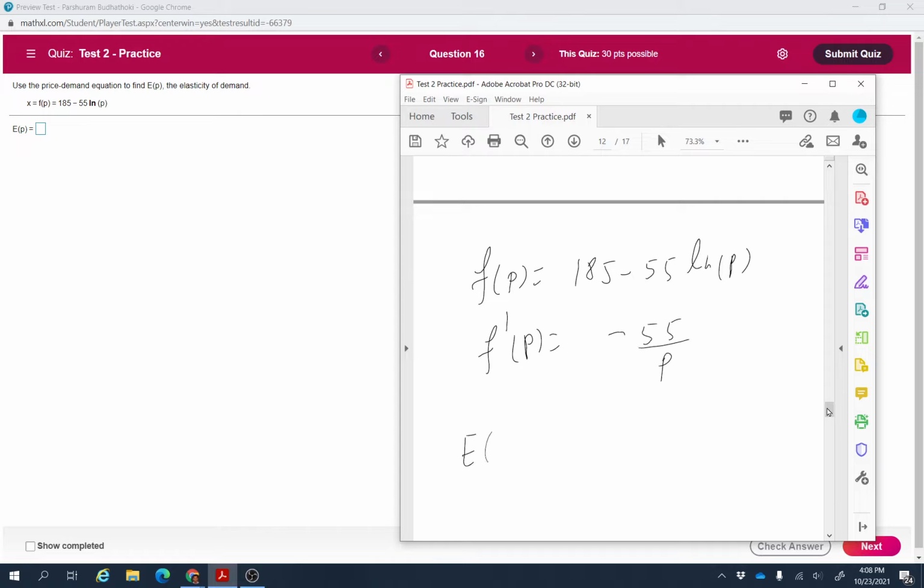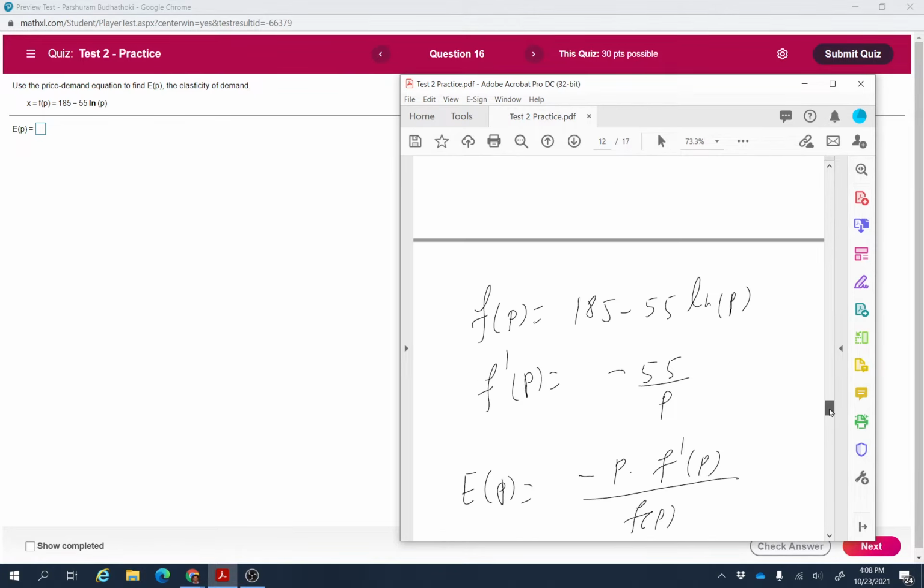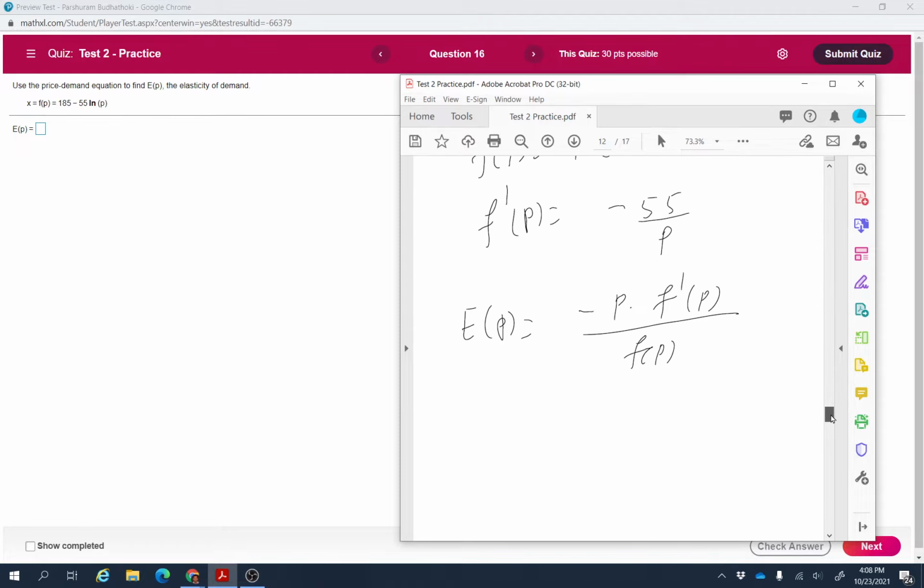So Ep is, if you look at the formula, negative p times f prime of p over f of p. I was wrongly putting that value of the function. I was missing ln, so this time this is negative p times f prime of p, which is negative 55 over p, and over f of p, which is the function itself, 185 minus 55 ln of p.